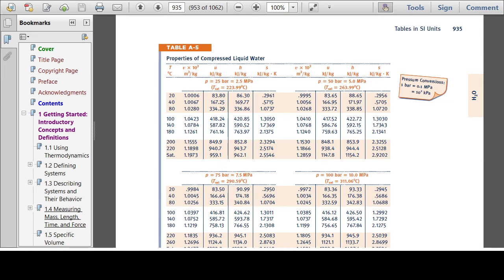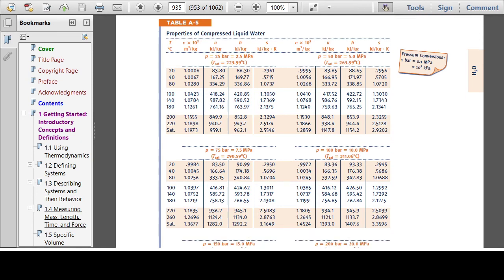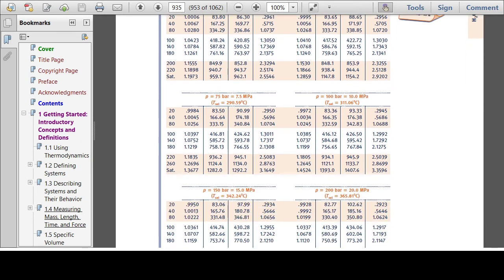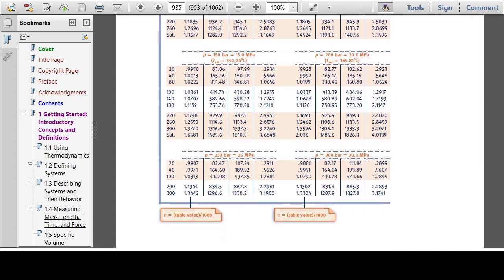So if you keep on going down, this bottom right table is 30 megapascal. You can see 30 megapascal, and we are looking for 100 degrees Celsius.